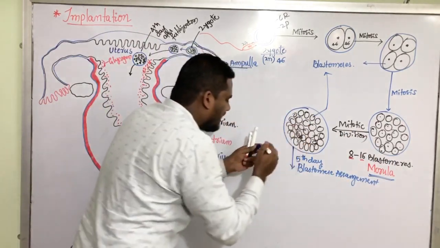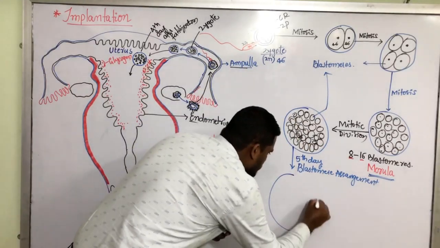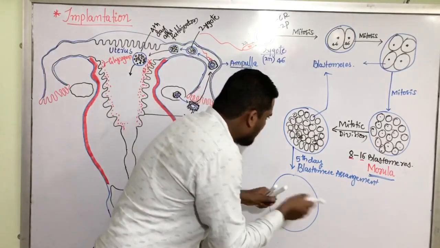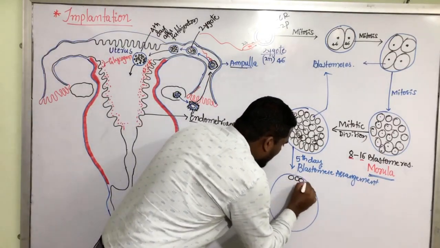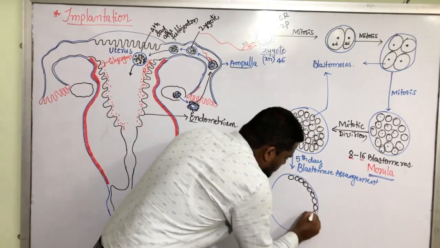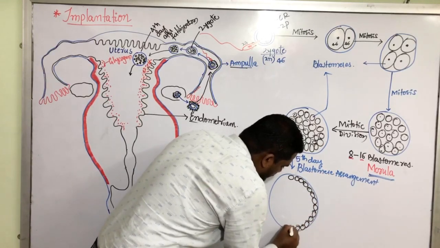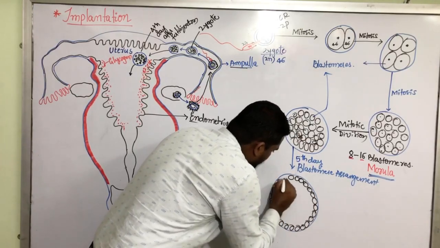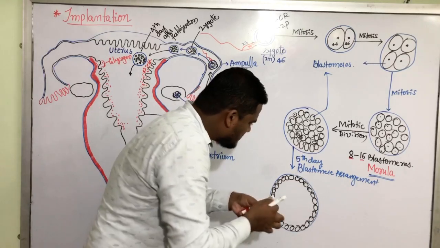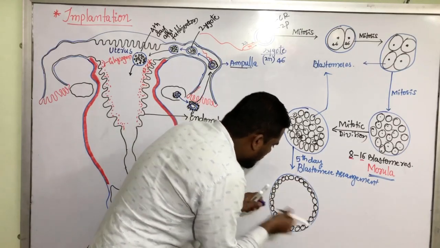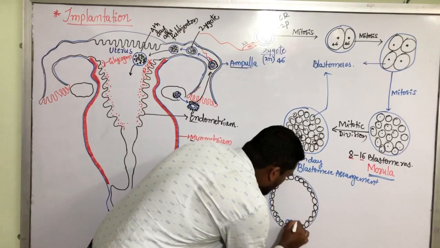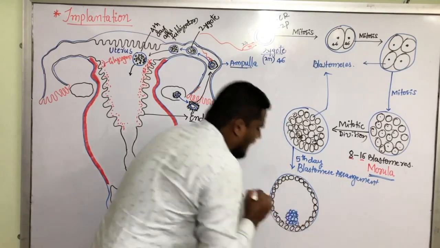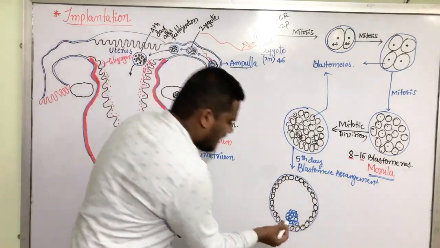How are these cells arranged? This is the zona pellucida. Zona pellucida is still there. Some of the blastomere cells are arranged towards the border. Whereas some of the cells form a knob-like structure. They are also blastomeres.